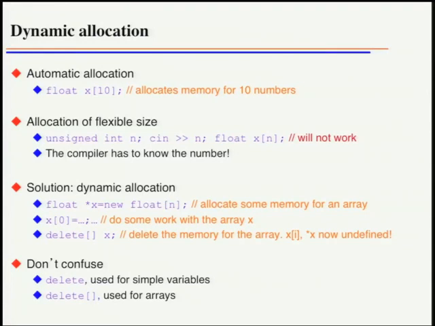So this new float bracket n will allocate memory for n floating point values and return the address of this allocated memory. And now you save this address in this pointer variable x, so you can actually make use of it. After this allocation, you can work with the array just as if it was an array that you declared like this.